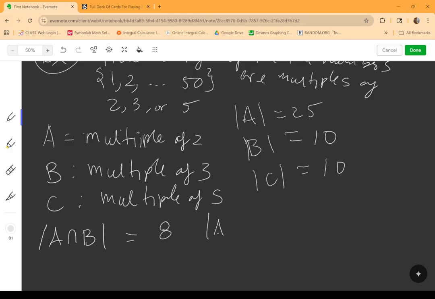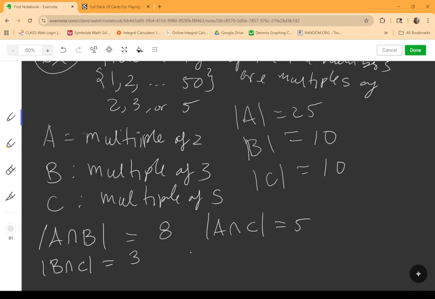Now A intersection C, multiples of 2 and 5, or 10, so that's 10, 20, 30, 40, 50, so there are 5 of those. Then B intersection C, multiples of 3 and 5, so those are multiples of 15: 15, 30, 45, so there are 3 of those.